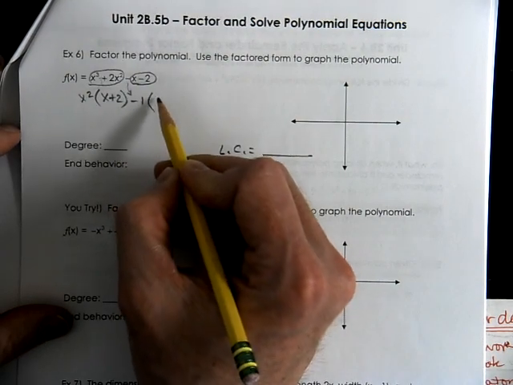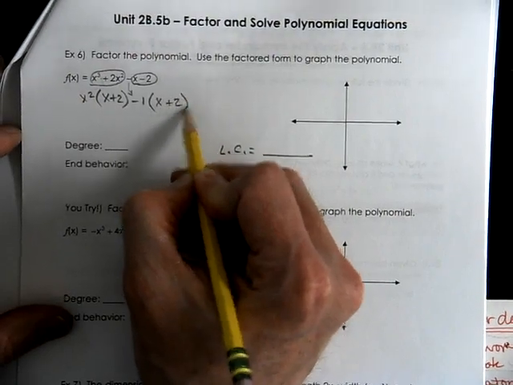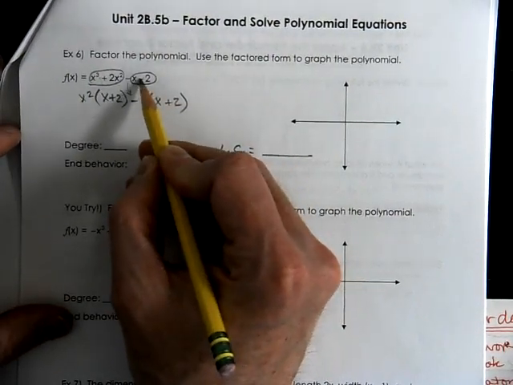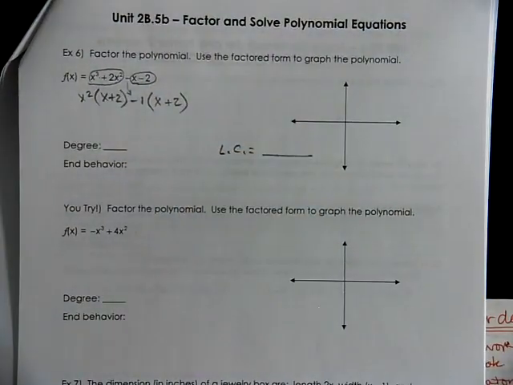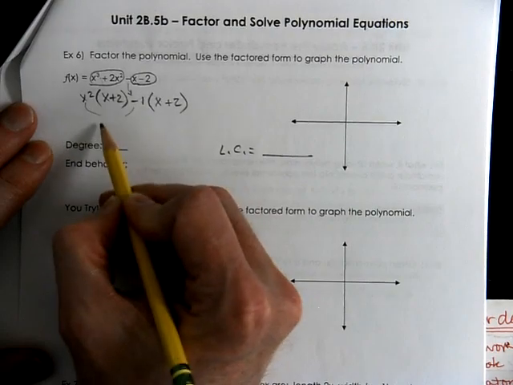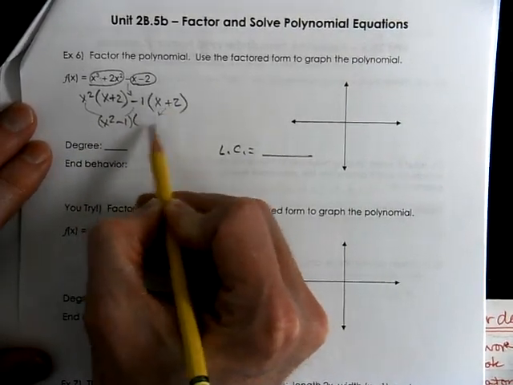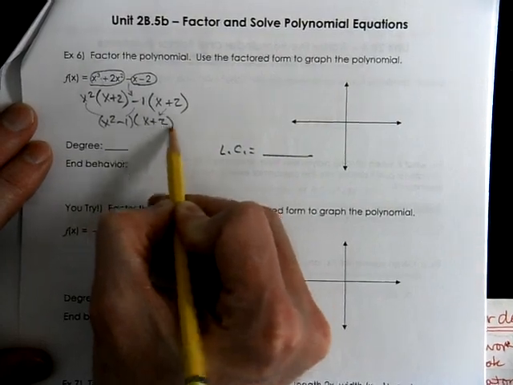So negative 1 times x and negative 1 times a positive 2, those would multiply to give us our negative x minus 2. And we're going to bring these down as x squared minus 1 and x plus 2.